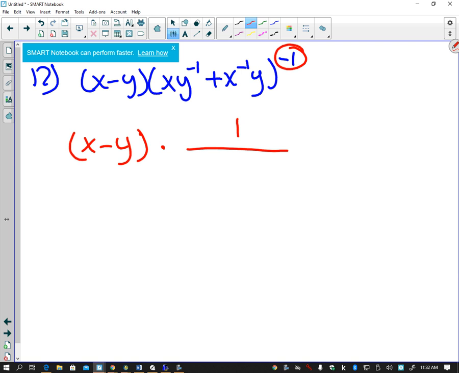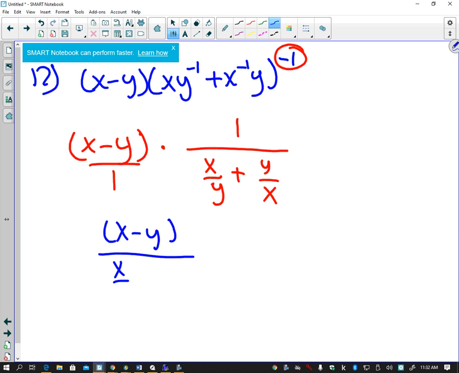Then I'm going to drop each of these things with negative exponents below its own division bar. So this becomes x over y plus y over x down here. And this is over 1. So the simplified fractional form of this is x minus y over x over y plus y over x.